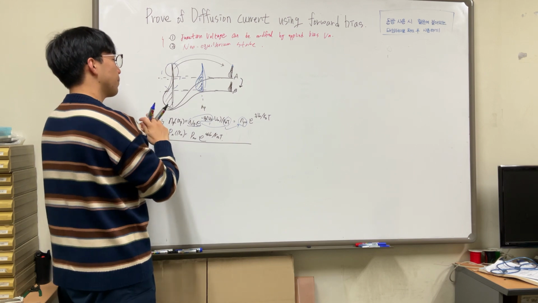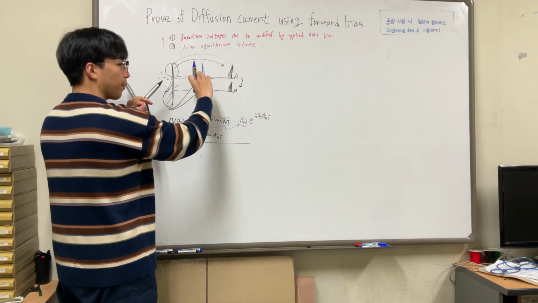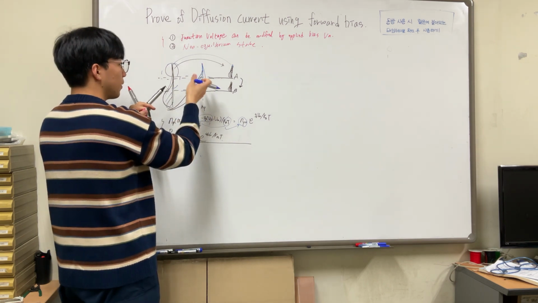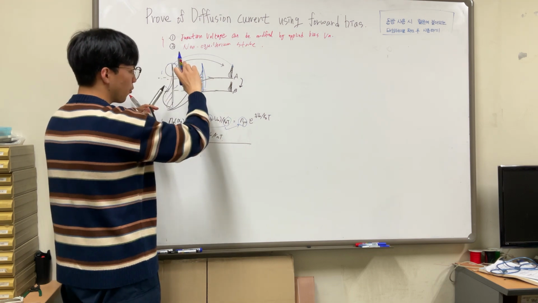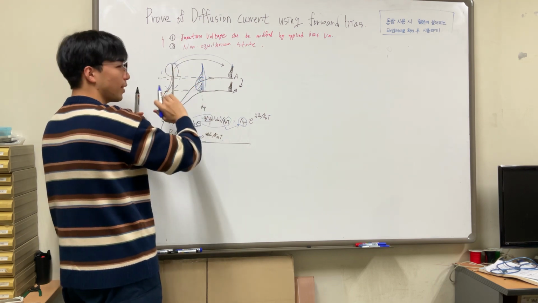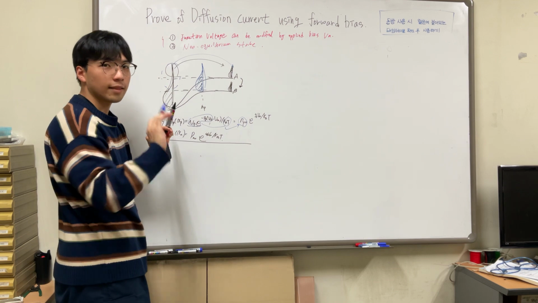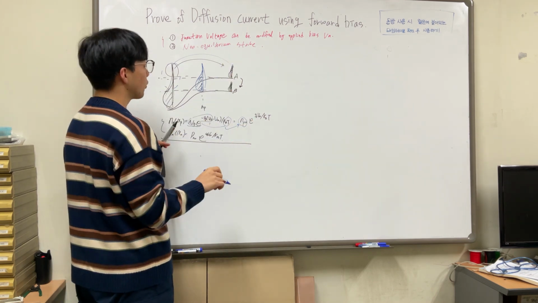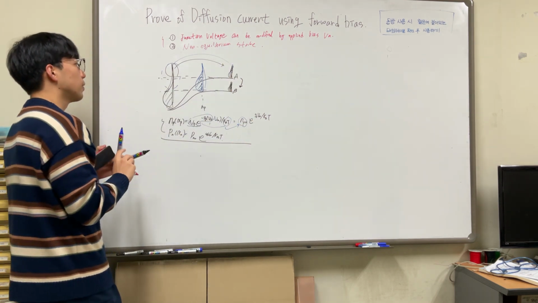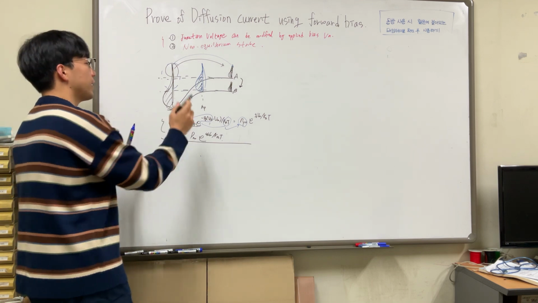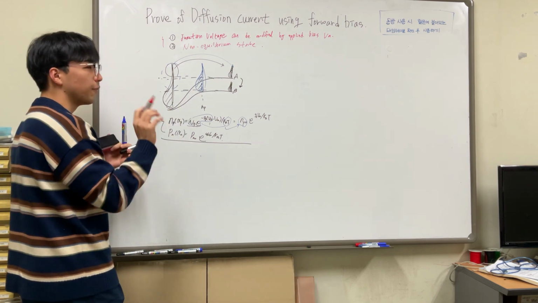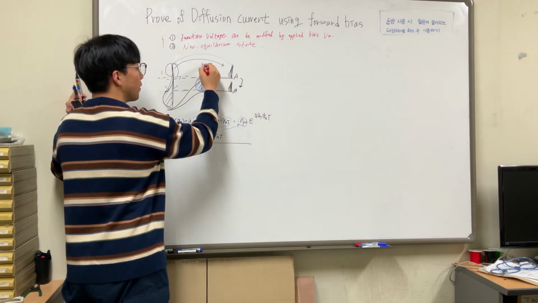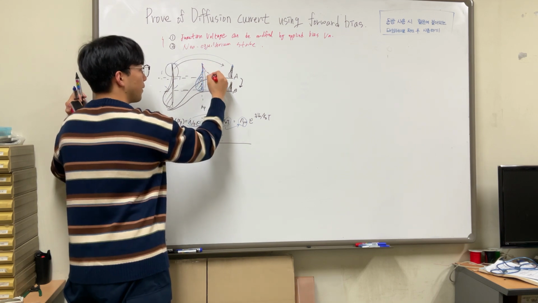The barrier of the p-type semiconductor will be very small, so many carriers can move into the p-type semiconductor. So there must exist some diffusion current in xp, like here.